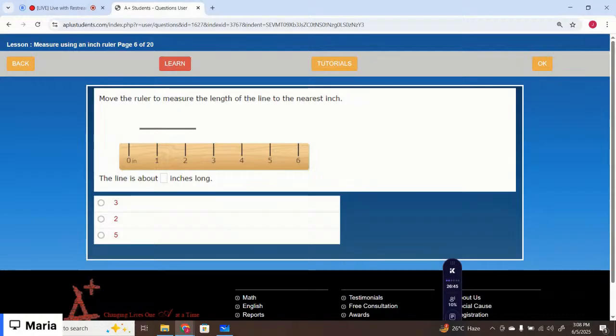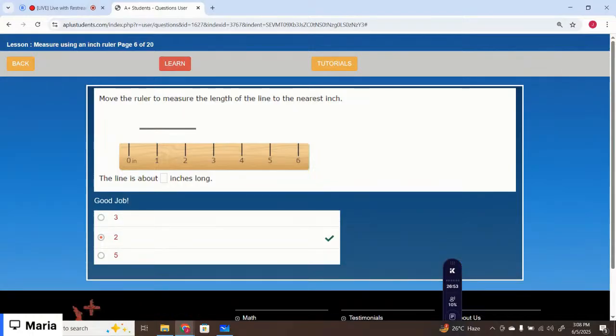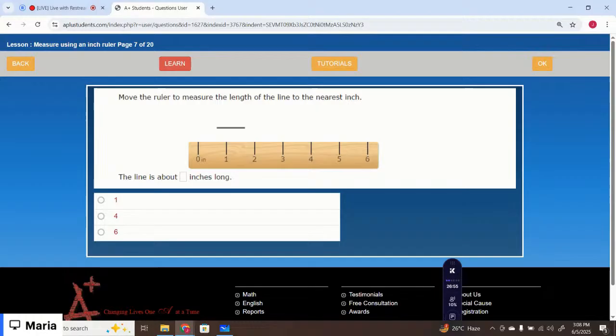So which is the correct option? That is 2 inches long. Option number three is the correct option. So move the ruler to measure the length of the line to the nearest inch. That is 1 inch long. Option number one is the correct option.